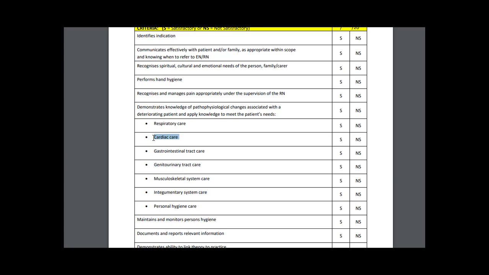Could be someone with chronic heart failure, terminal, that's basically life terminal. So that person will require support for oxygen therapy and other medications to help them maintain their independence.